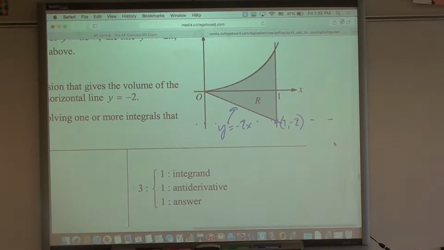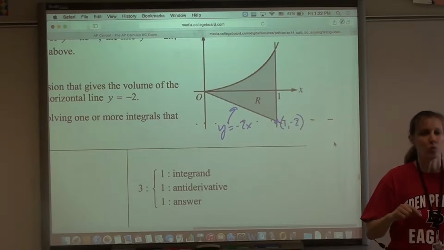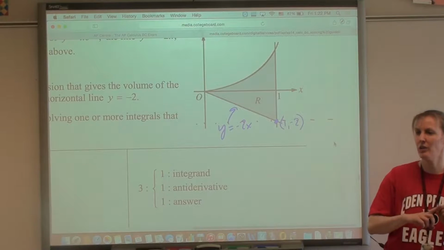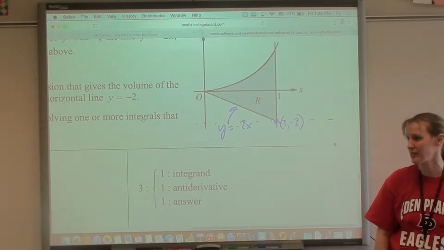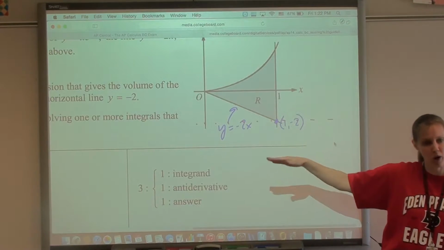Name those two methods. Washer and shell. Normally, to make life easier, we use washer when it's a horizontal axis and shell when it's a vertical axis, and that way we can always integrate with respect to x. So this one is a horizontal axis, we want to use washer.